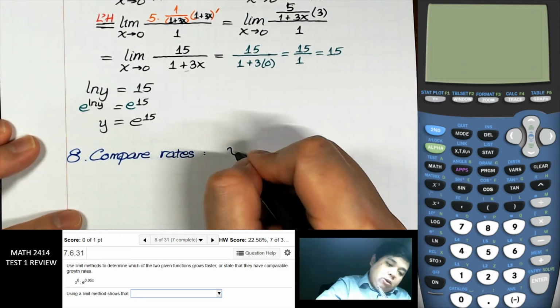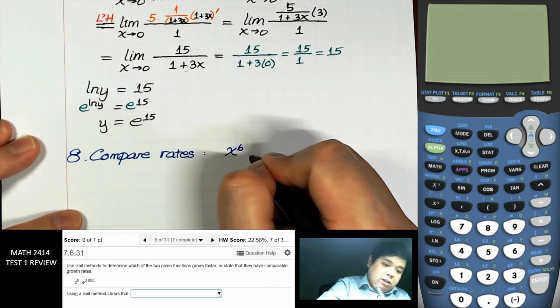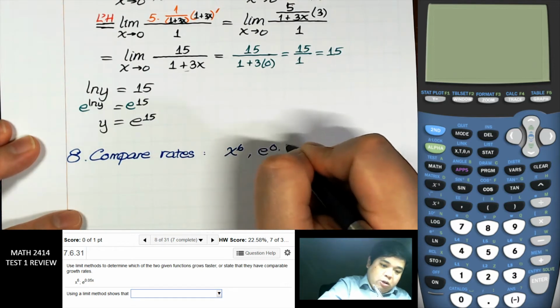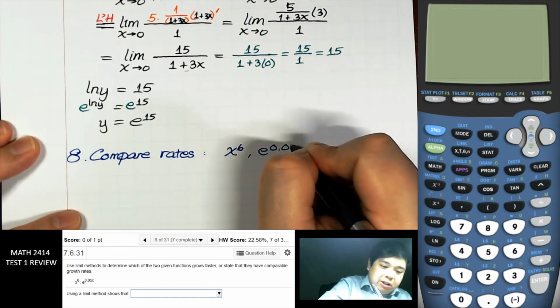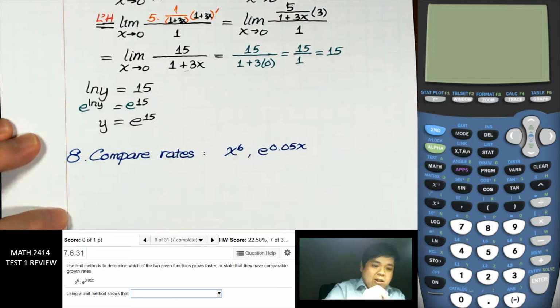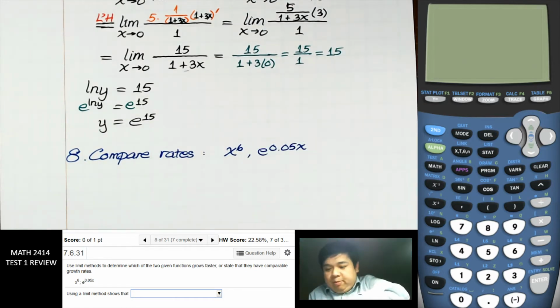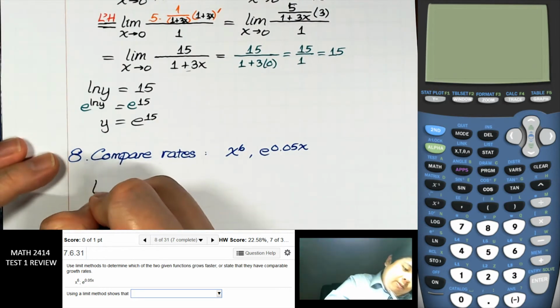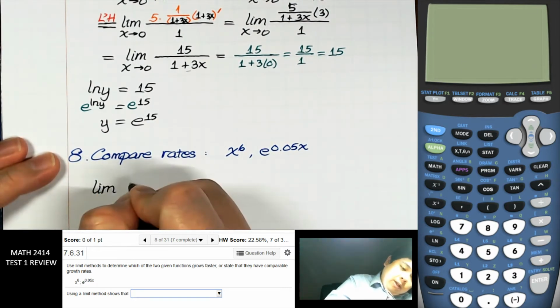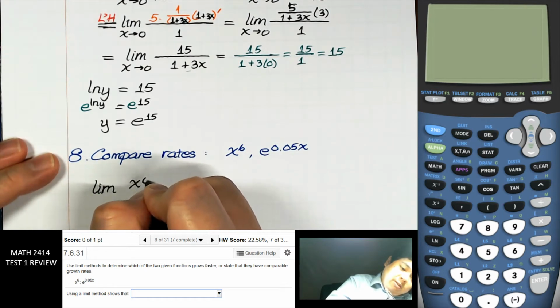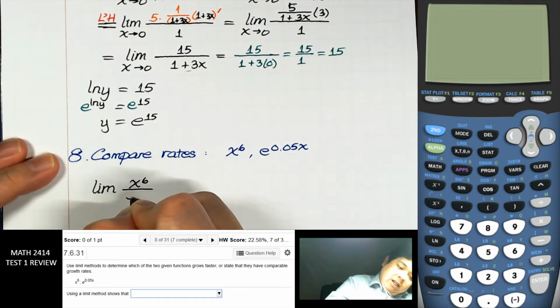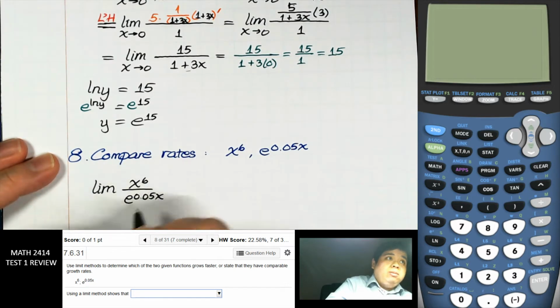We compare x to the 6 and e to the 0.05x. Right, so which one goes faster to infinity? What we do is take the ratio of them. I take x to the 6 on the top and e to the 0.05x at the bottom.